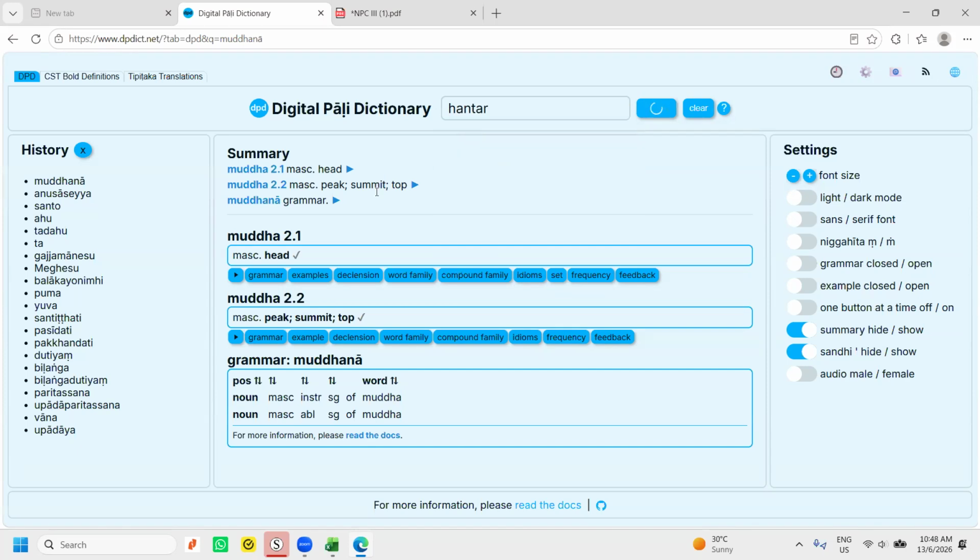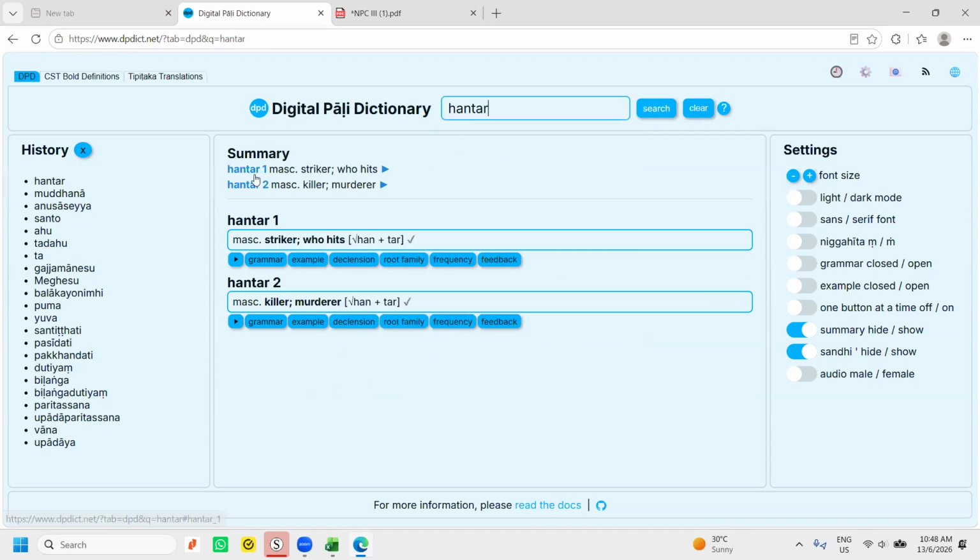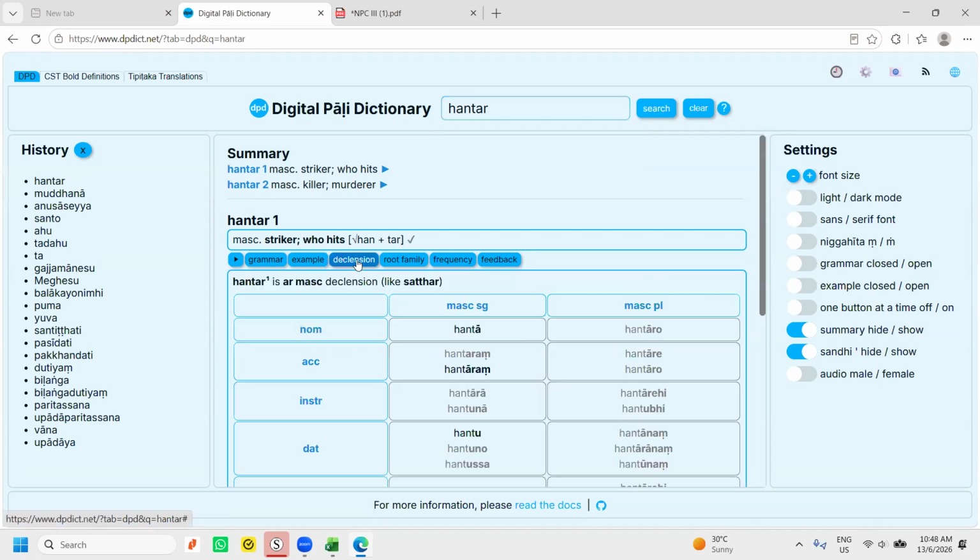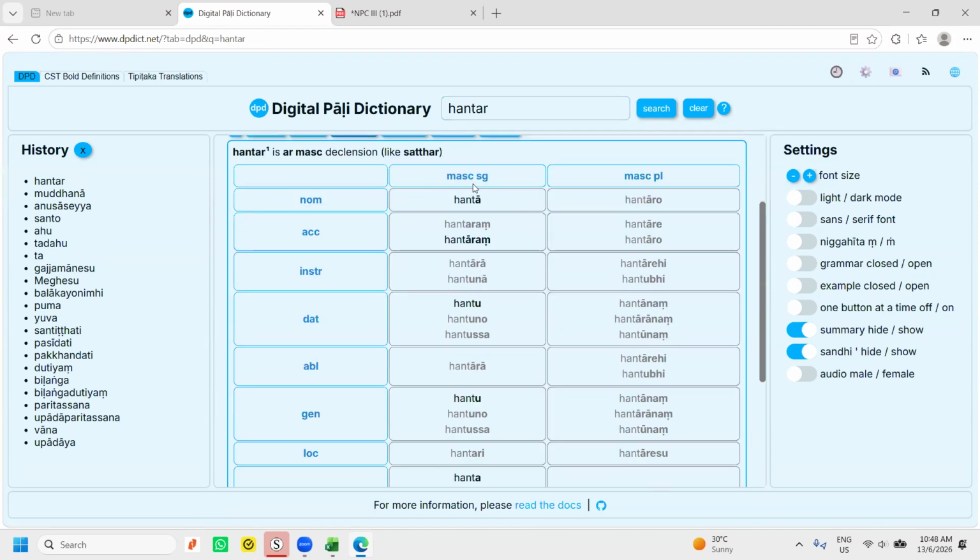So hanta means killer or murderer. Let's say you do a declension. You can see the declension will give you a long A. A long A means this is the hanta, A-R stem.